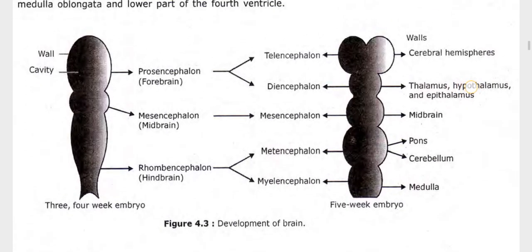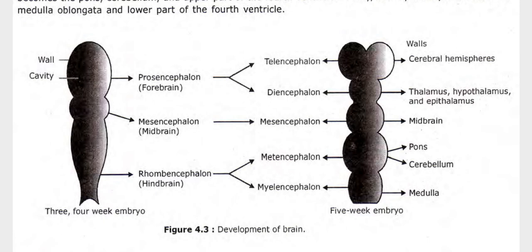So when we try to learn about the development of the brain, you could see this picture which depicts this process. On the right side is the 5-week embryo. On the left side, you could see the 3-4 week embryo, with the neural tube cavity, prosencephalon, mesencephalon, and rhombencephalon.